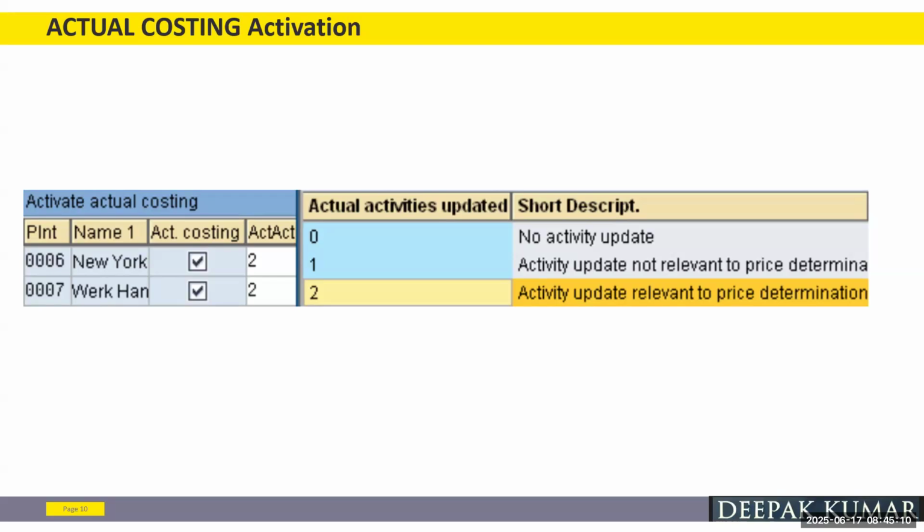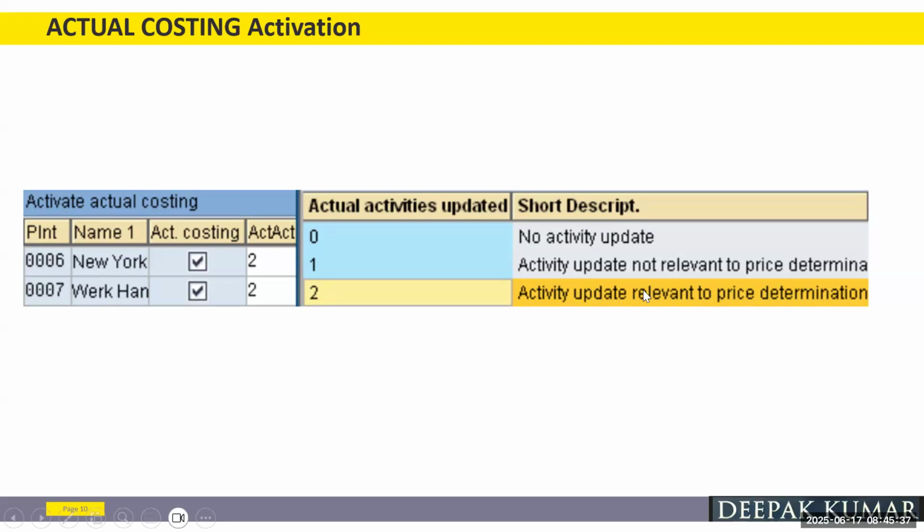Now onwards, there are two options. Either revaluate production orders, CON2 is the T code. The second option is to let CKMLCP do this step for you, posting the variances of activity type to finished goods. So if we maintain these two, then it will happen.